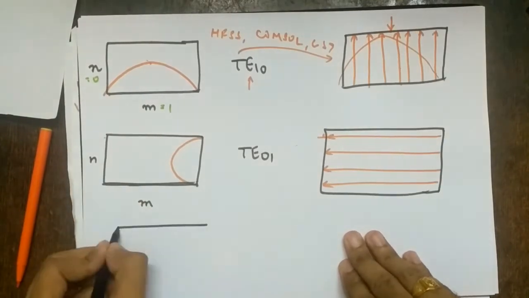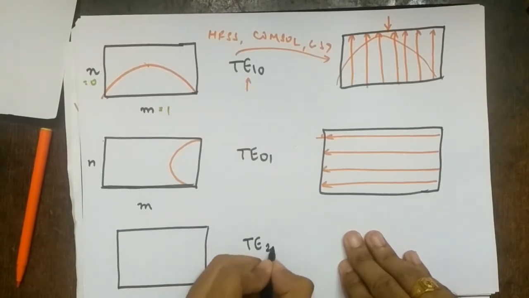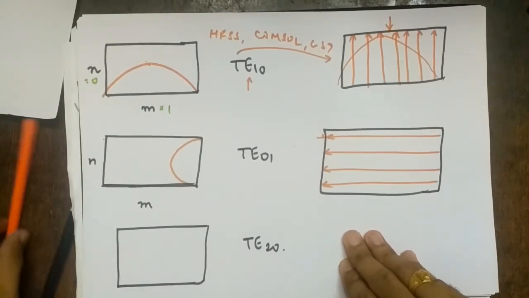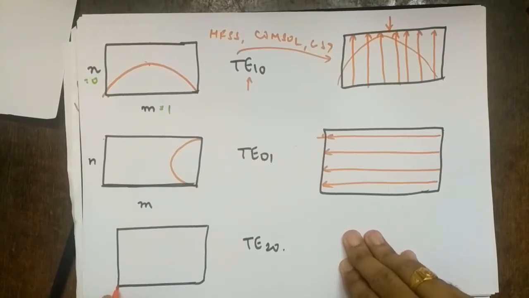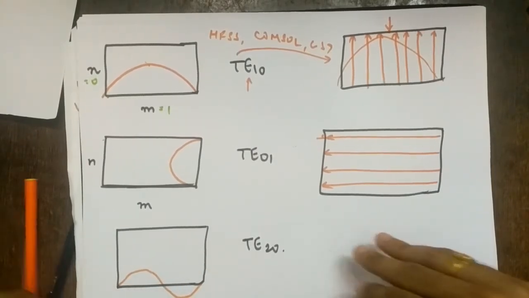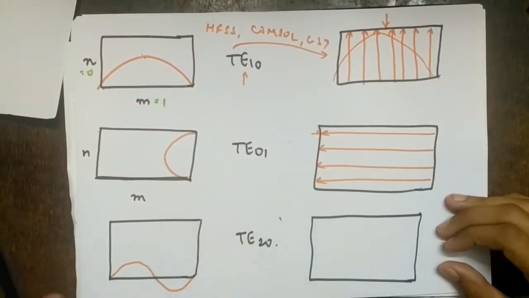If I have a TE20 mode, what is happening now? The number of half cycle variations in M, that is this broader dimension, is 2, right? How will we draw this? It will look somewhat like this. How does it resemble in the software?